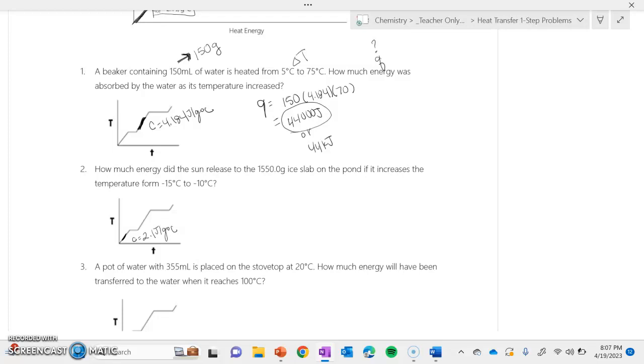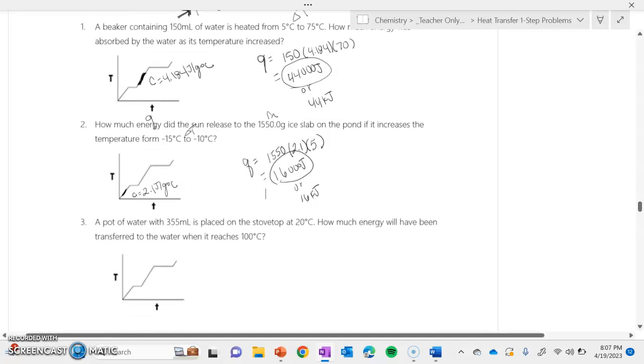We're still finding energy, so that's Q. We have mass, and we have delta T. So again, same thing, Q equals mcΔT. And then it went from -15 to -10, so 5-degree increase. Find this product, and we get 16,000 joules. Or again, you could write 16 kilojoules, just based on that unit, whatever you prefer.